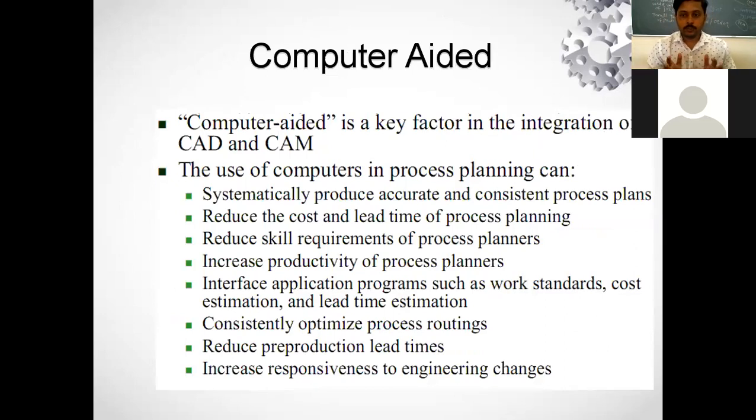If you are using a design phase which is also computer based, and a manufacturing phase which is also computer based, like CNC machines, NC machines, DNC systems, automation, FMS, flexible manufacturing cells, then in that case you should have computer aided process planning.